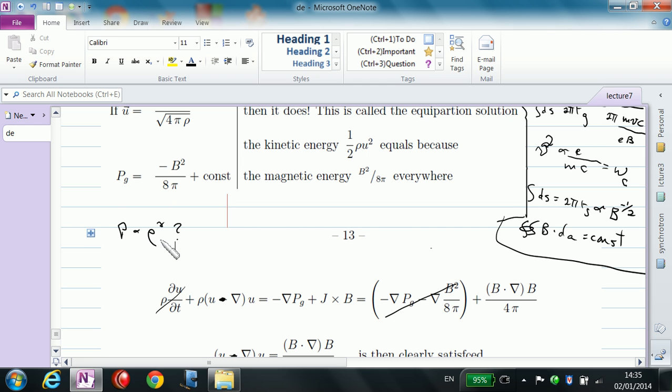because there's no general reason why all three equations should be solved by this. If rho changes, there's no guarantee that P changed. Let me put it this way.